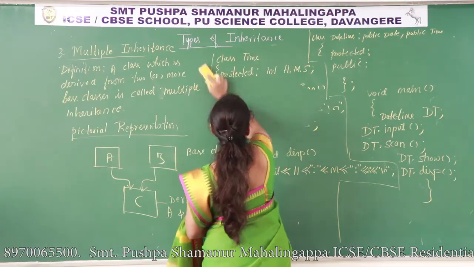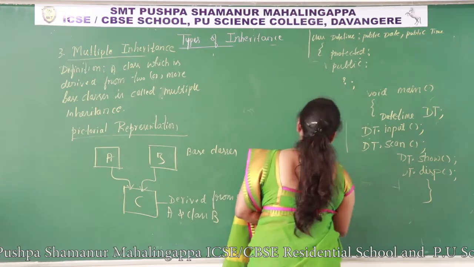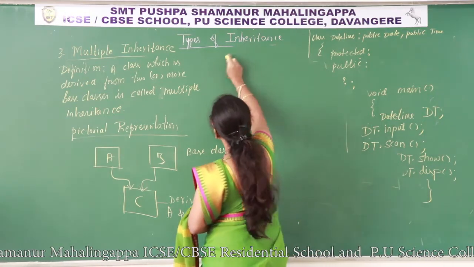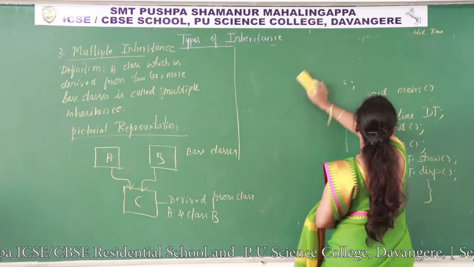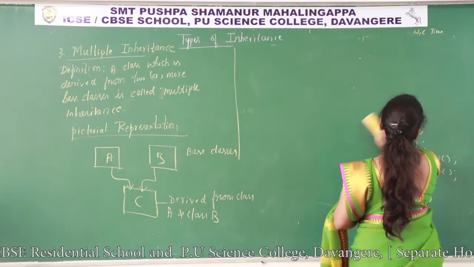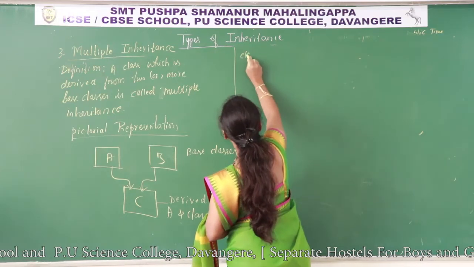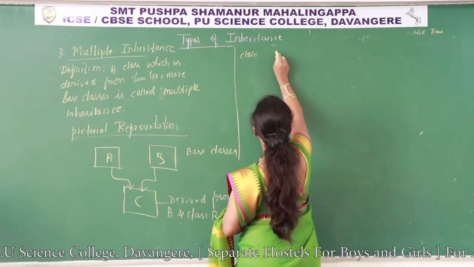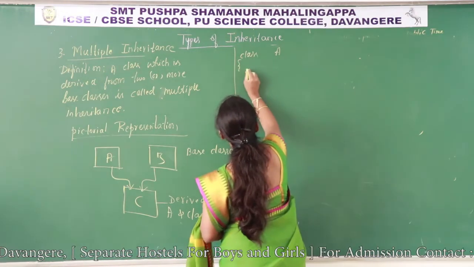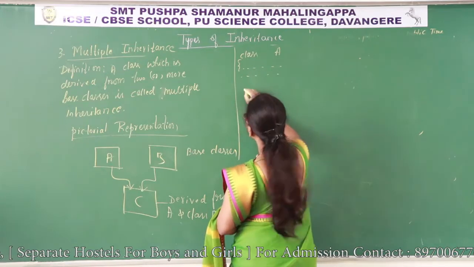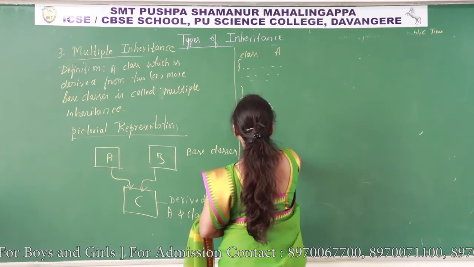Now let us know the syntax. Class A, open flower bracket, and class B, it is a separate class.